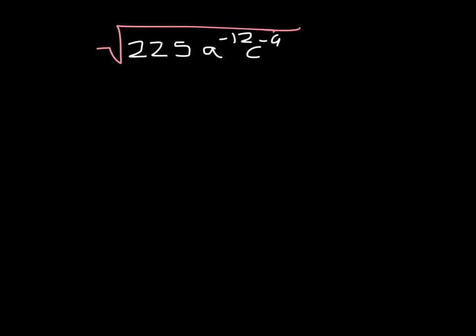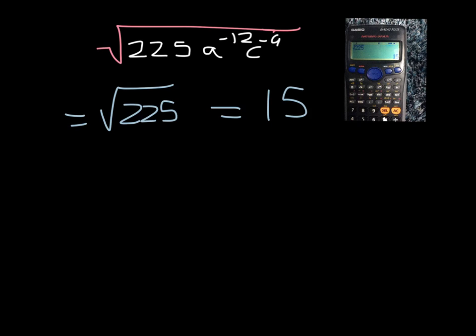Now onto some questions. So the first question we're going to do is square root 225 a to the power of negative 12 and c to the power of negative 4. The first thing we're going to do is put square root 225 into the calculator, which will give you 15. What we have now is 15 a to the power of negative 12 and c to the power of negative 4.